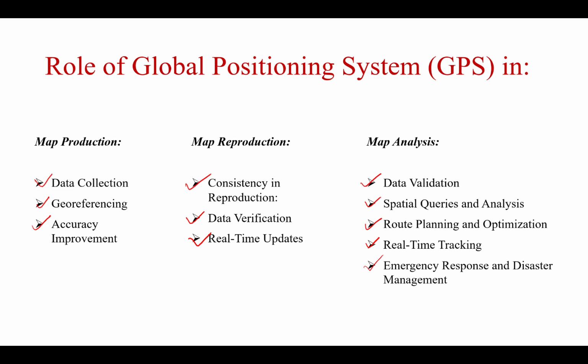So for example, if there's an ambulance and they come to know that there's a landslide, but to find a landslide without GPS would take a very long time. With the help of GPS, they can know the exact coordinates and they can reach there faster and in a better and safer way for them as well. So emergency response and disaster management is also a place where GPS is used.